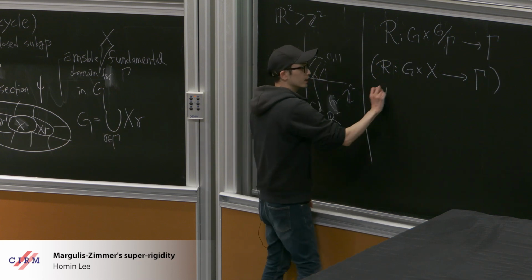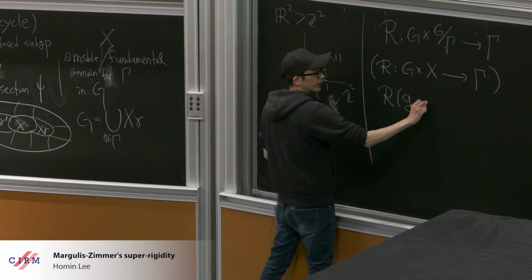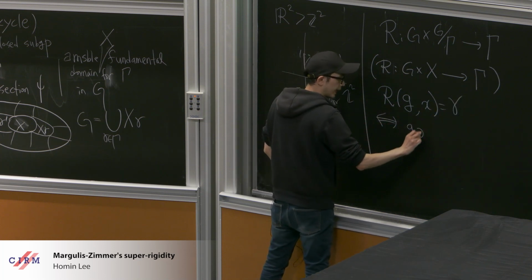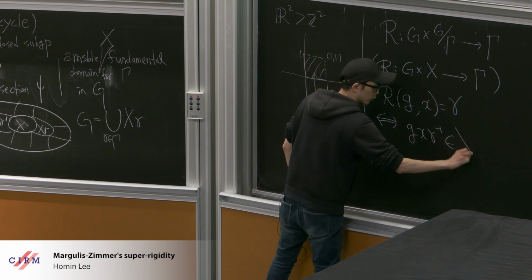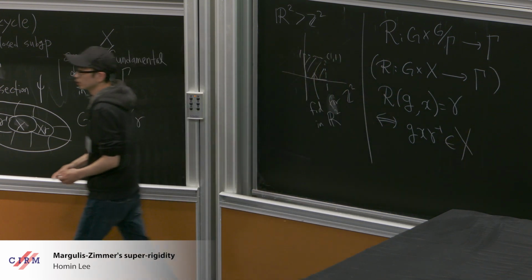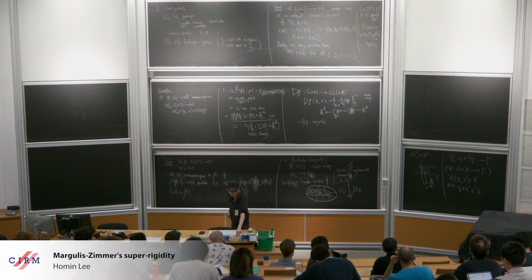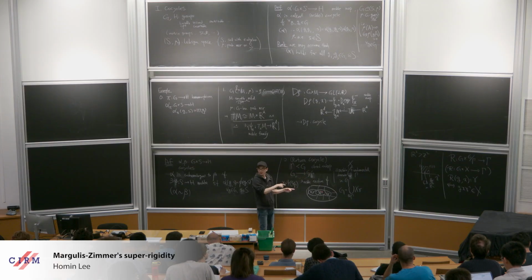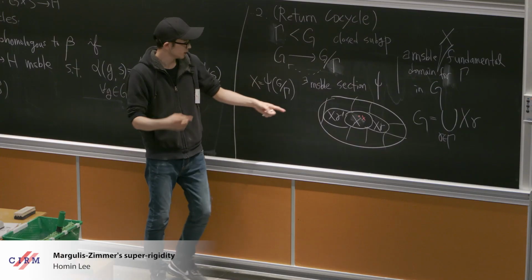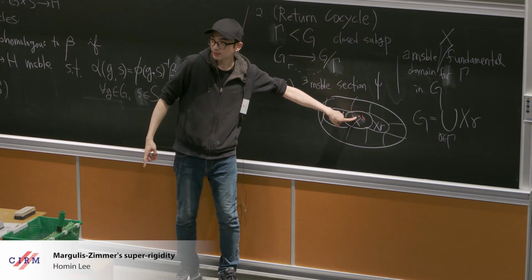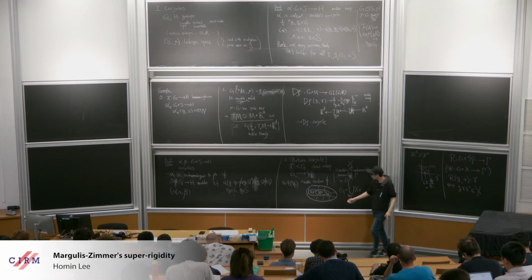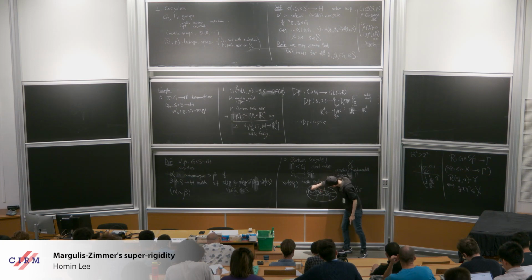And what is this? This one will be defined by: it equals gamma if and only if g x gamma inverse goes back to the fundamental domain. So what does this mean? If you start with x in here, can you see? If it is too small, please let me know. You have a point in the large X, but now I left multiply by g. Then you will get somewhere in here.